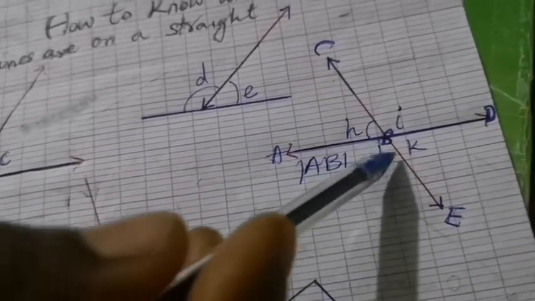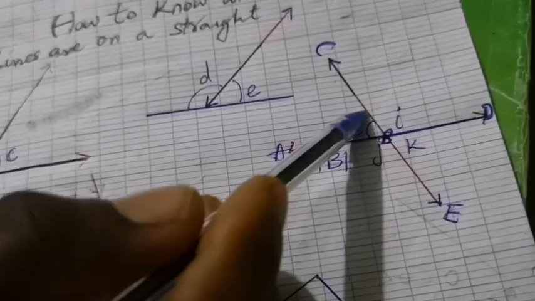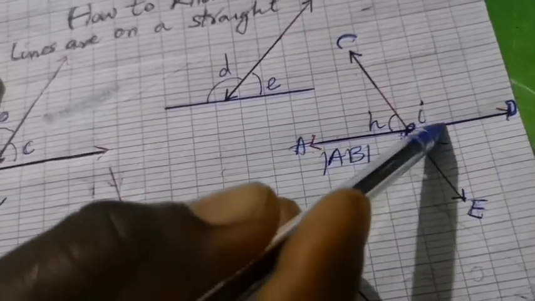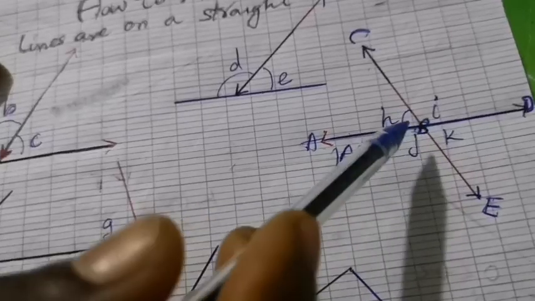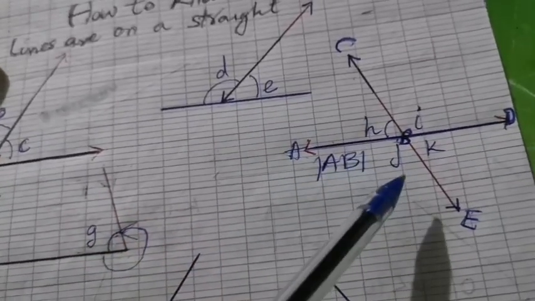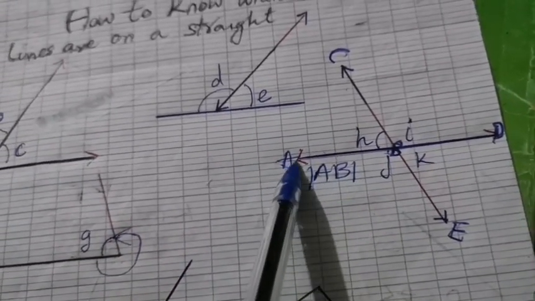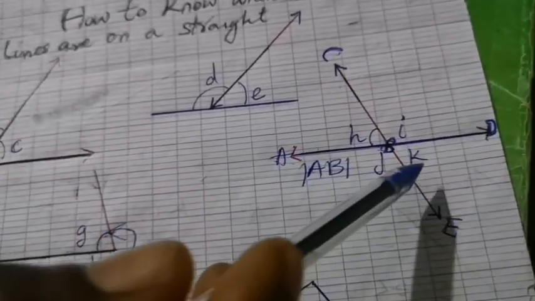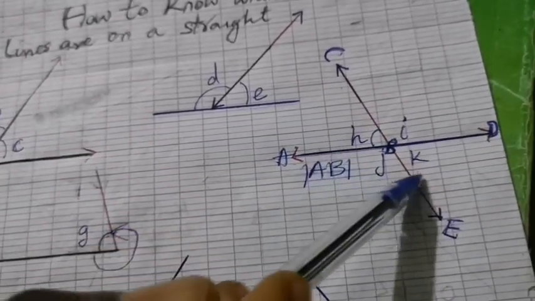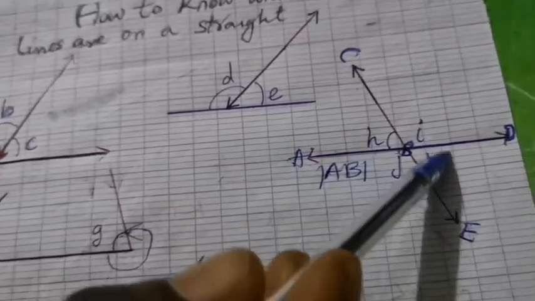So we can consider all the angles formed here to be angles at a point. So when we see two lines that cross this way, like this one and this one, the angles formed there can all be taken as angles at a point.